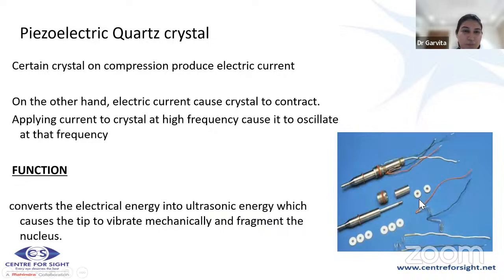Coming to each one of them, what are piezoelectric quartz crystals? They are certain crystals which, when compressed, produce electric current. Electric current can also cause the crystal to contract. Applying currents to crystals at high frequency can cause them to oscillate at this frequency. The function is that it converts the electrical energy to ultrasonic energy, which causes the tip to vibrate mechanically and fragment the nucleus.